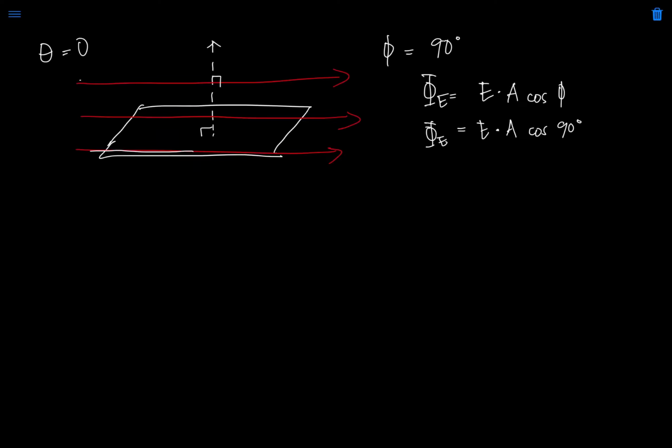Evaluating cosine 90 will give you 0. So the electric flux for this one will be 0. This means that no electric field lines pass through the given surface because they are parallel to the surface.